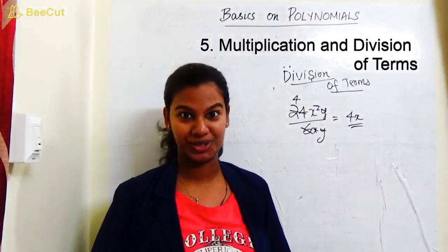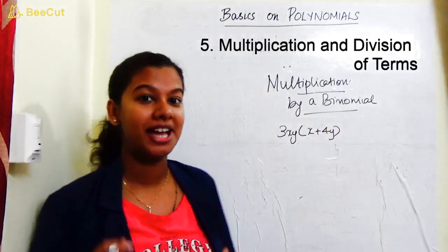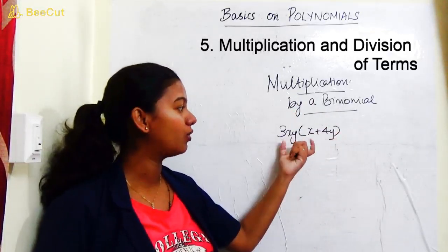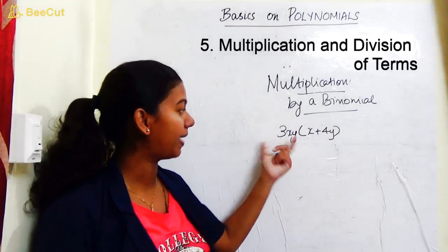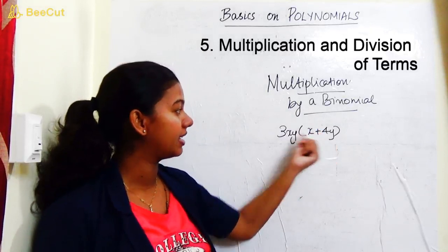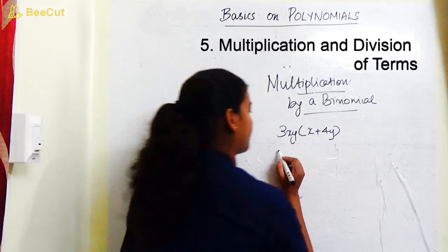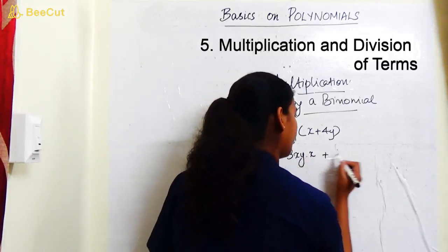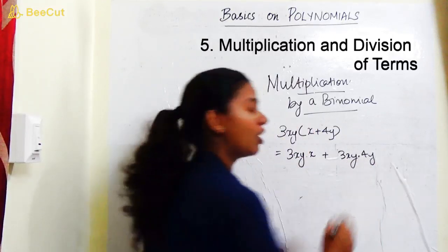Okay, so this is how we divide two terms. Next is multiplication by a binomial. Binomial means two terms, okay? Two terms. So how can we multiply? This we can do by the distribution method. That is, I have to multiply this particular term into the first term plus this term into the second term. So let's see what happens. I will write 3xy into x plus 3xy into 4y.